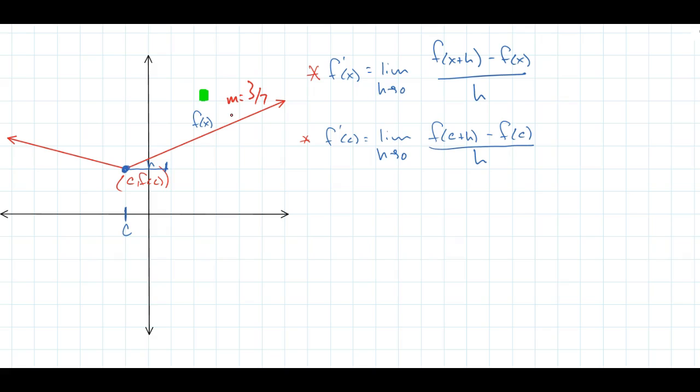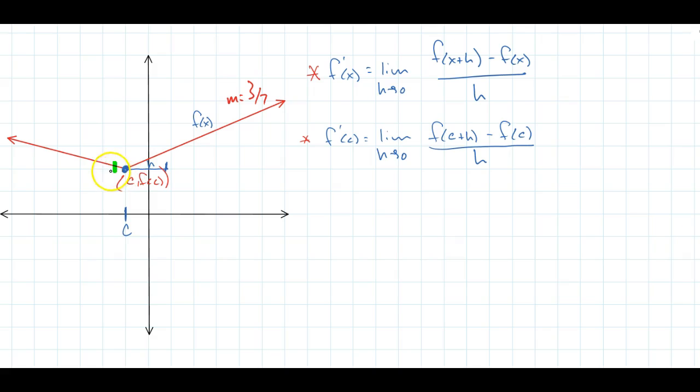But on the other case, my h is approaching 0, and it doesn't really say which direction I'm approaching it from. What if I'm approaching it from the left-hand side? What if my h values are negative? In that case, this point will be getting closer and closer, so close it's actually going to touch, and as I gather all of those values of the slope, I notice that the slope is different.